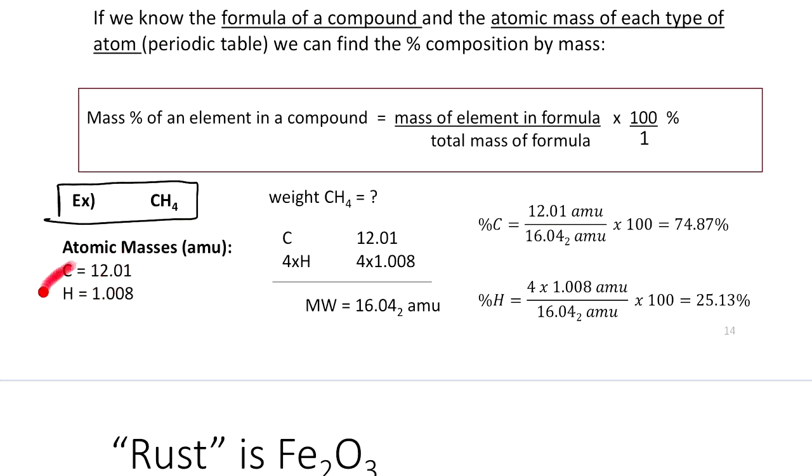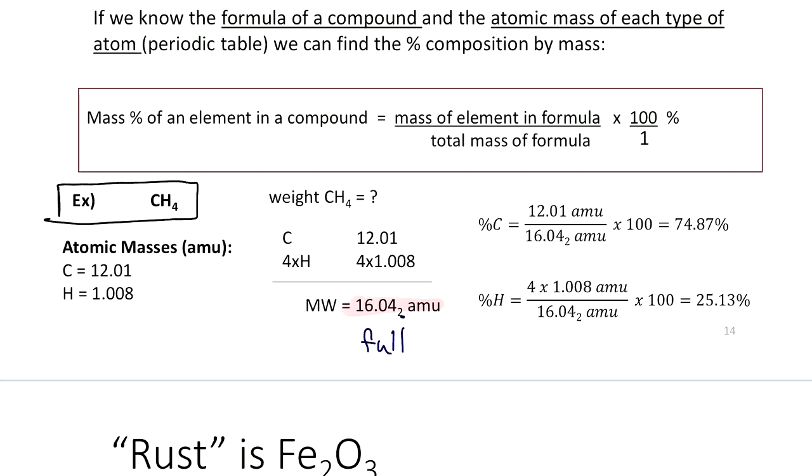Here are the atomic masses for the individual atoms. So if I wanted the percent mass of, let's say, carbon in this molecule, first figure out the full mass of just one methane molecule. So you do what we did before and inventory all your atoms, and you'd get that the full molecule weighs something like 16 AMU, 16.04 AMU.